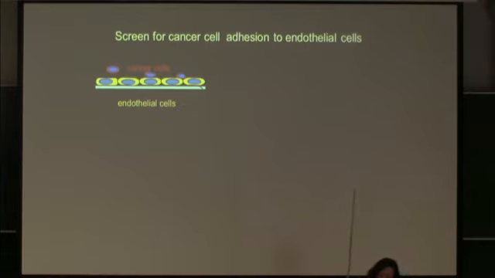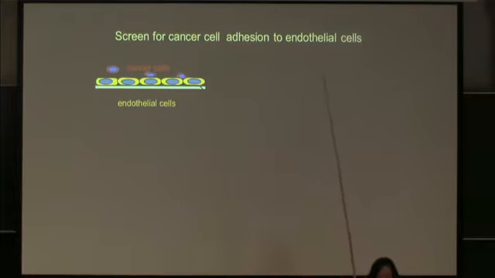We used a similar screen, reducing the levels of the Rho GTPases in exactly the same way, but in this screen we're adding cancer cells to endothelial cells. I told you everything is much slower with cancer cells than leukocytes.